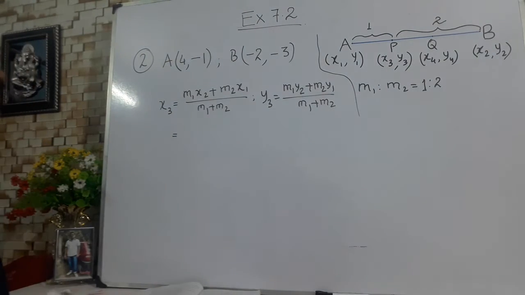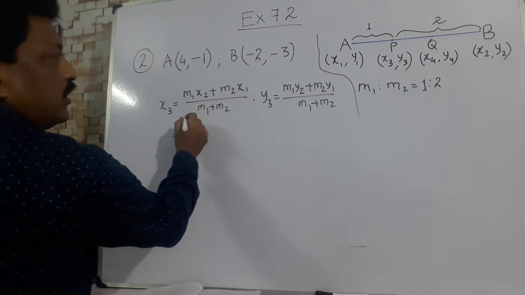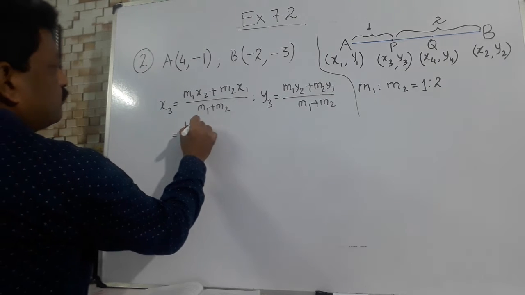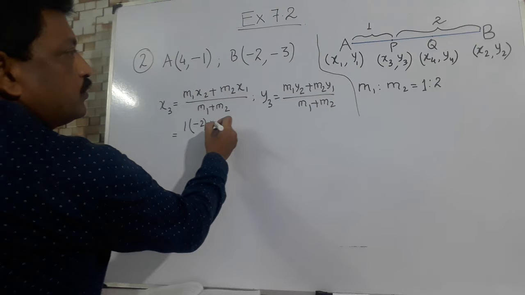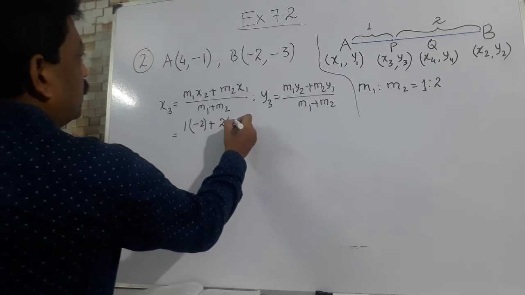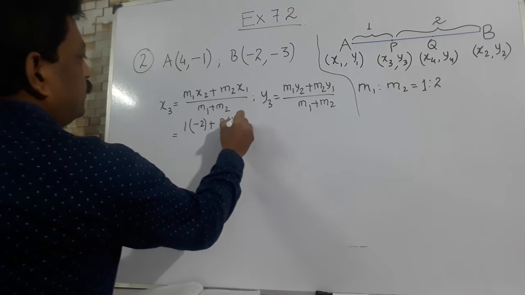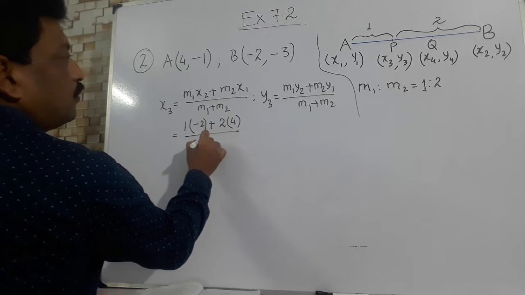Now by substituting the values, I am getting M1 as 1, x2 is minus 2, M2 is 2, and x1 is 4, upon 1 plus 2.